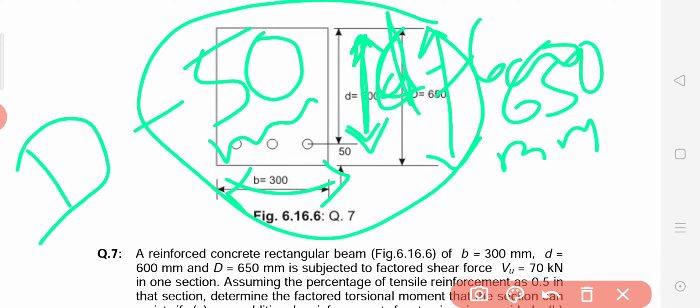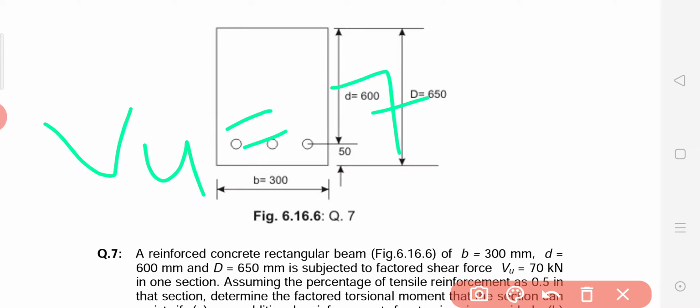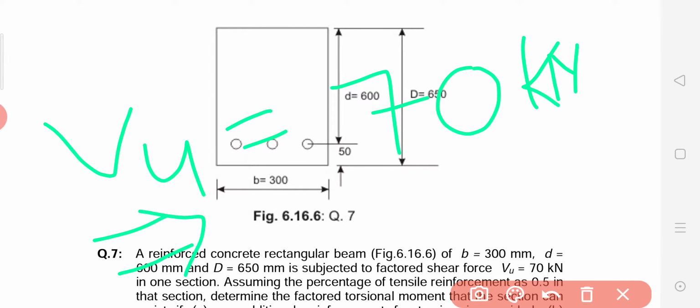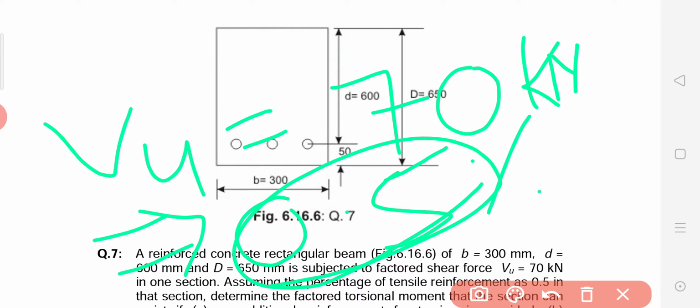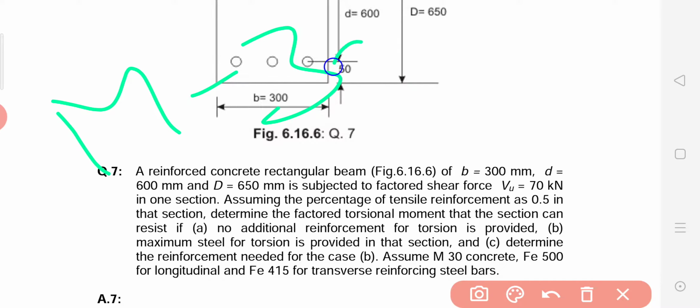In this question it is also given that the factored shear force, denoted Vu, is 70 kilonewton, and we take the percentage of tension as 0.5%. Also given here is the grade of concrete, M30.